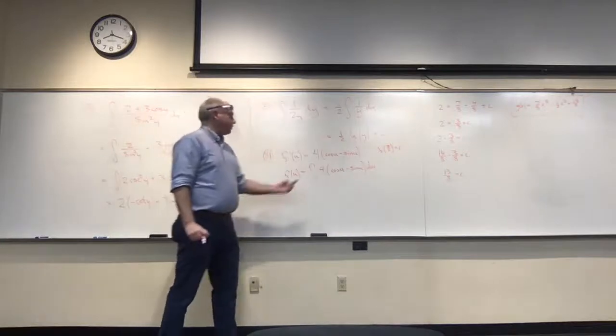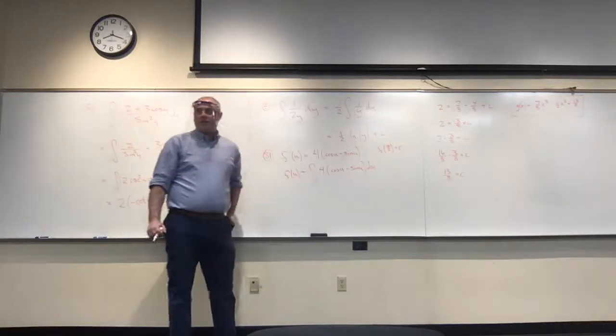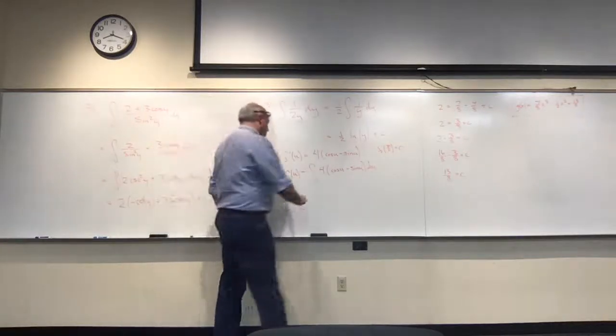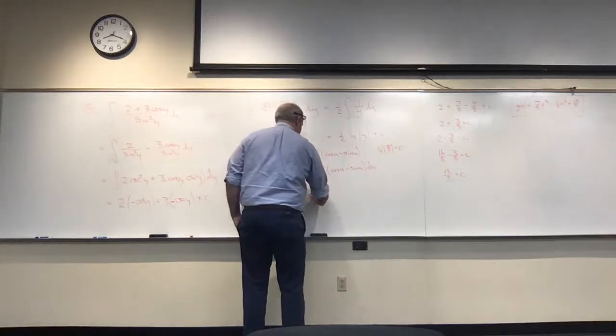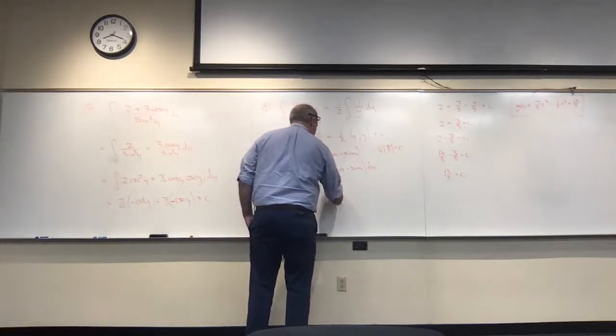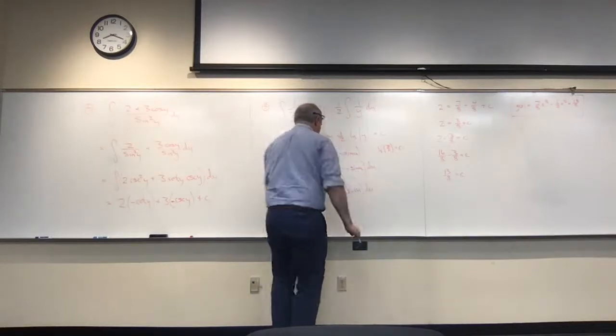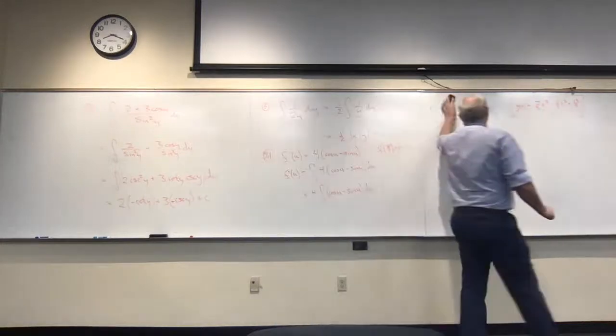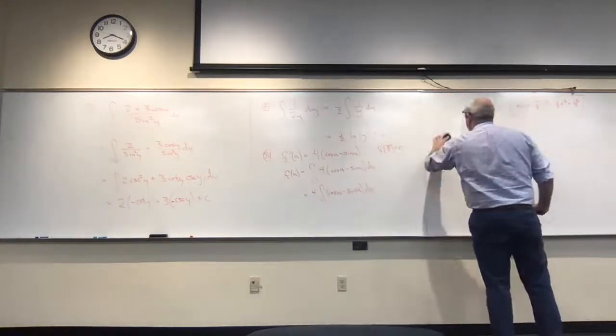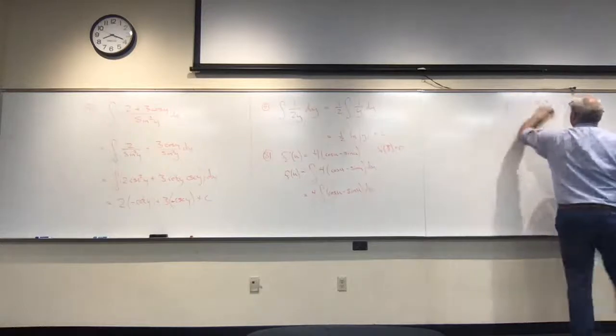And if I wanted to, I could just bring the 4 out of the integral and not deal with that for the second. So 4 times the integral of cosine u minus sine u du. And I know when I was first learning antiderivatives, this is something I really had to think about.